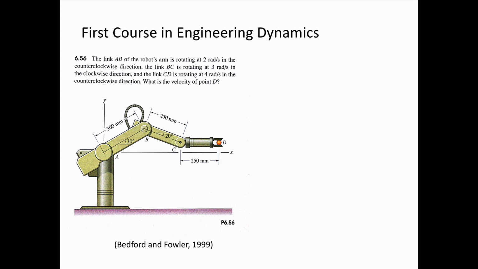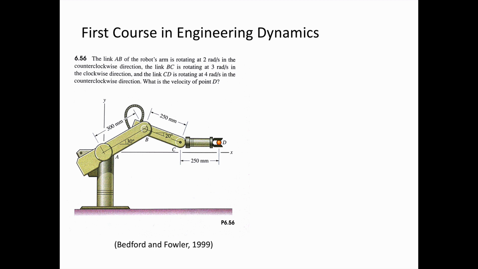So how do we calculate that? And this is pretty typical of the type of problem that you might have seen in a first course in engineering dynamics, where you answer this kind of question for one particular configuration.